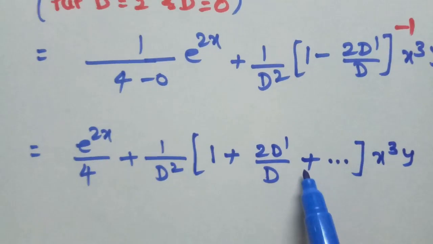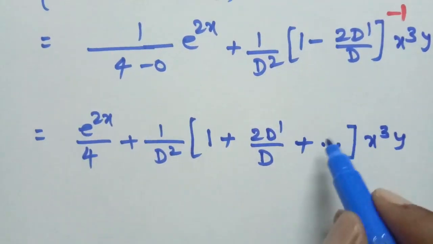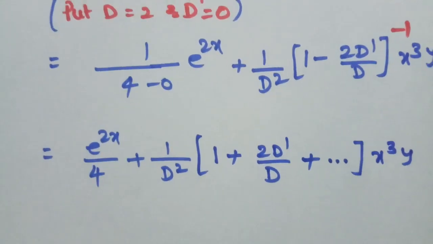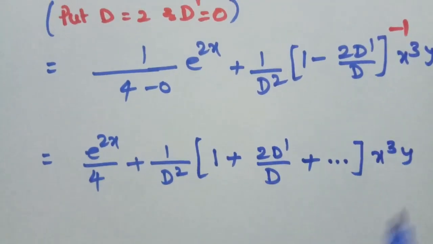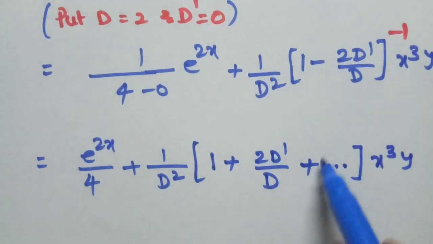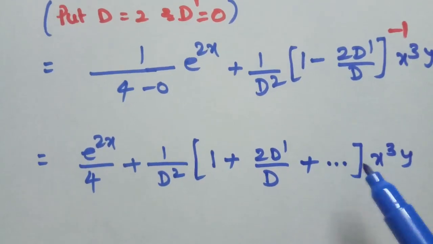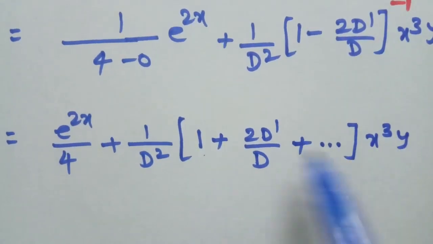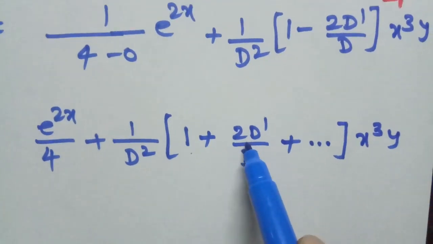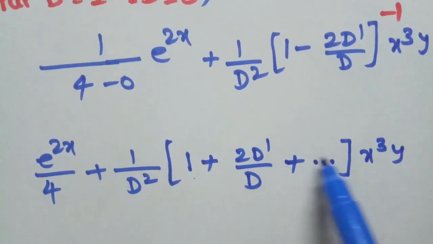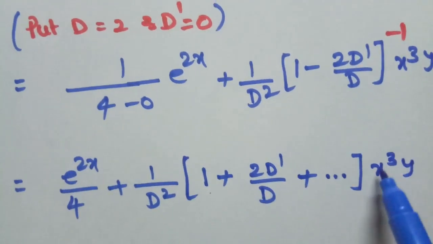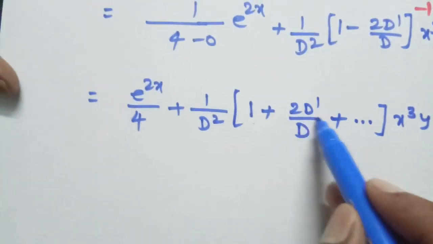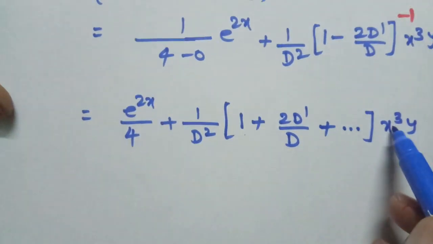So for our convenience I can write 2D dash by D whole square. If you write 2D dash by D whole square, what happens? You observe that 1 into x cube into y, then 2 by D into D dash. D dash means partial derivative with respect to y.